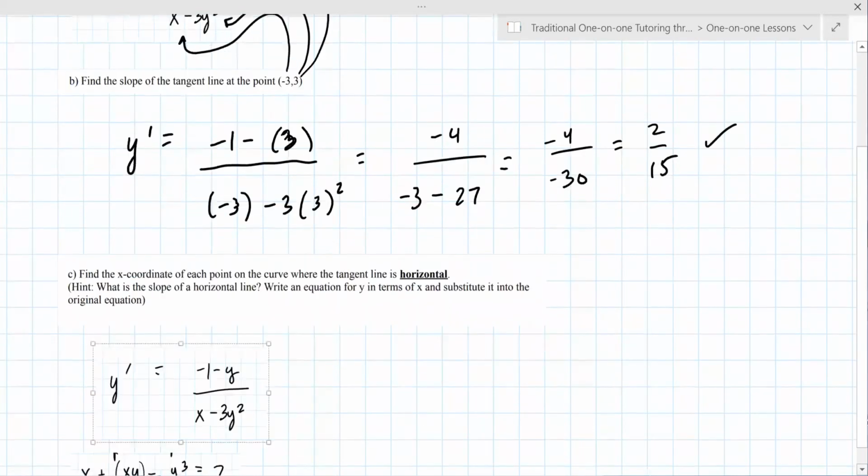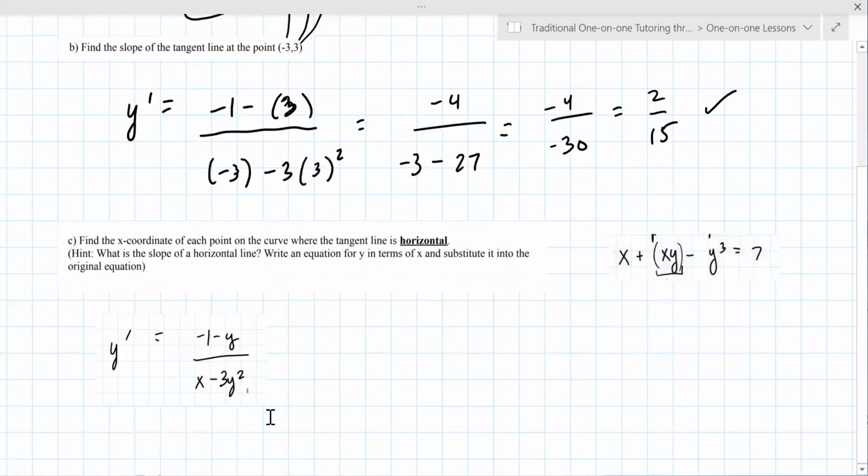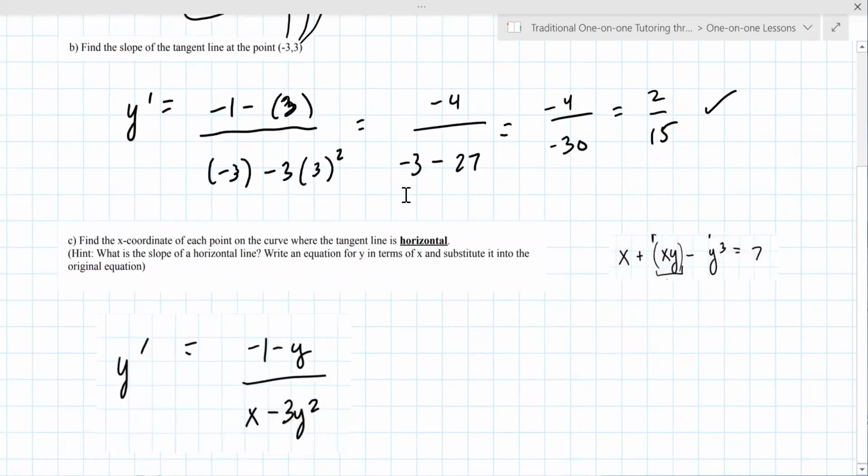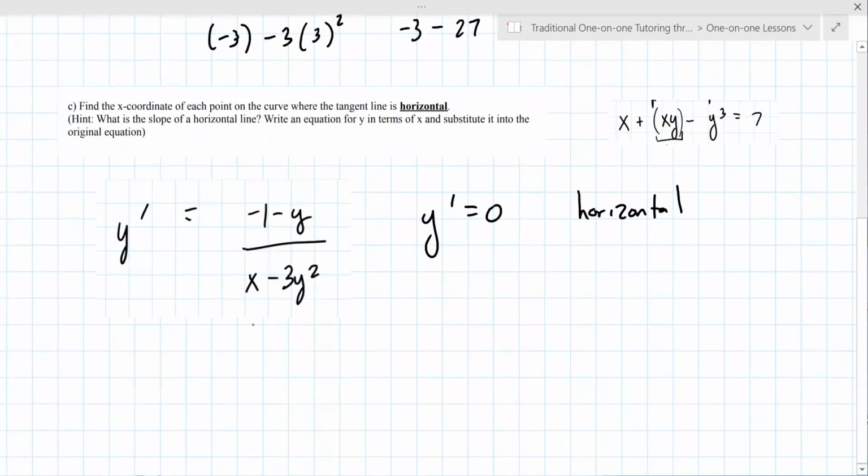So it's saying, where is this thing equal to 0? Where does y prime equal 0? That's what it means for it to be horizontal. Okay, so then we set the numerator, the top, equal to 0.